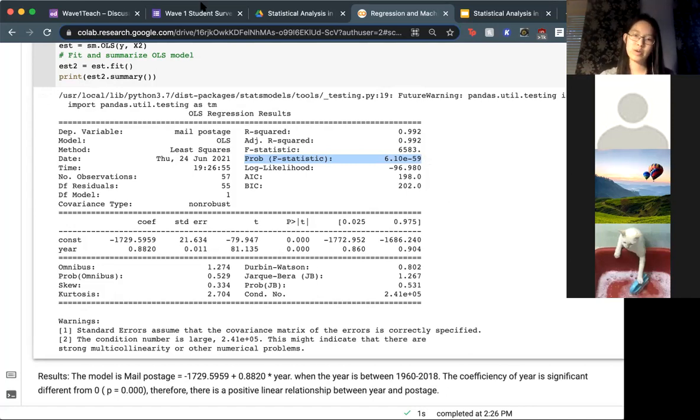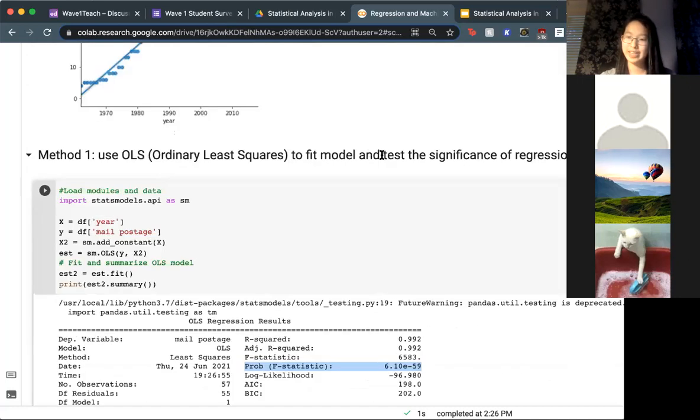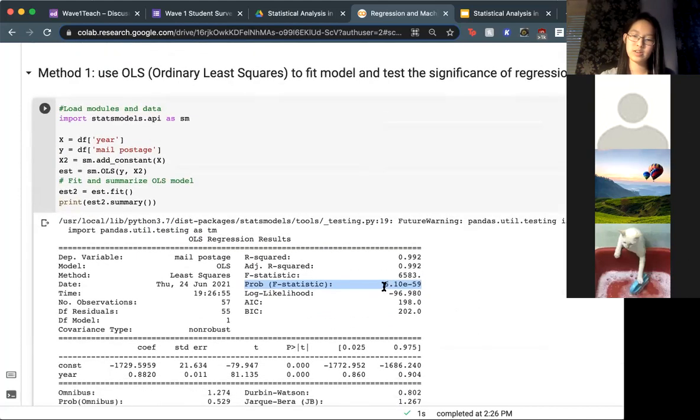When I mentioned before, we're testing the significance of this regression, right? So this p-value is very small, by the way, if you haven't noticed, and it looks at how sound the model is, how much the model itself works. It's small, so it looks like the model is pretty good. The model is doing pretty well for itself.